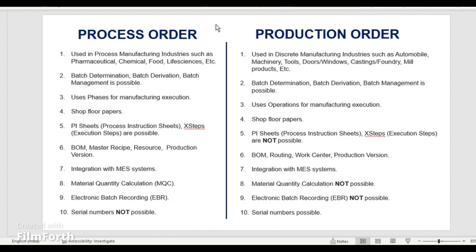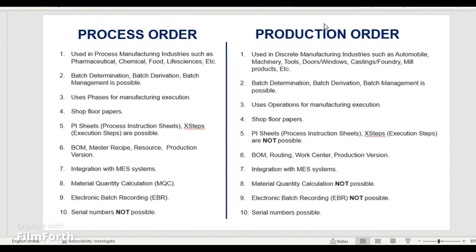Please make sure that while discussing with your customers or counterparts, you try to understand what kind of business they are in. Are they part of pharmaceutical, chemical, food, life science, and so on, or maybe a different industry which follows process manufacturing? Only then should you think about implementing process orders.